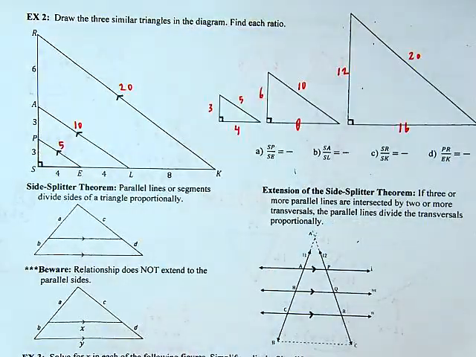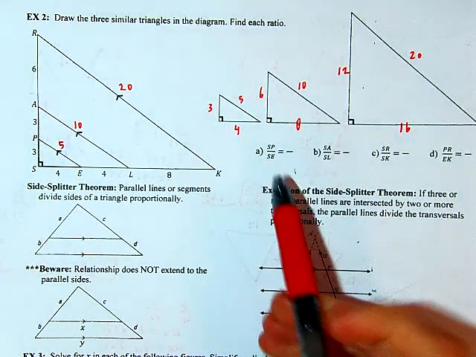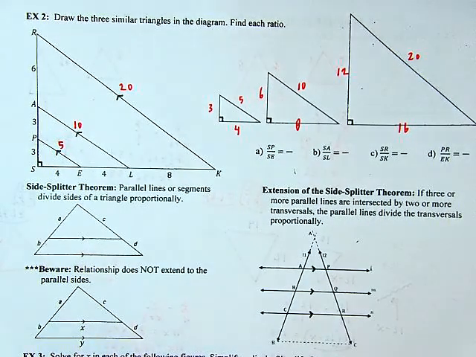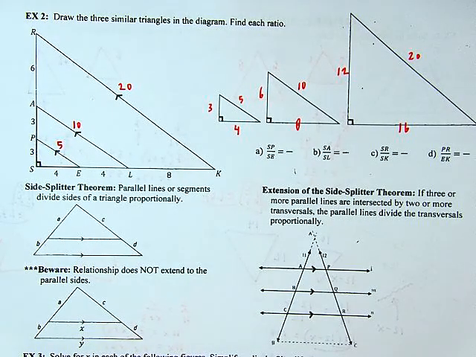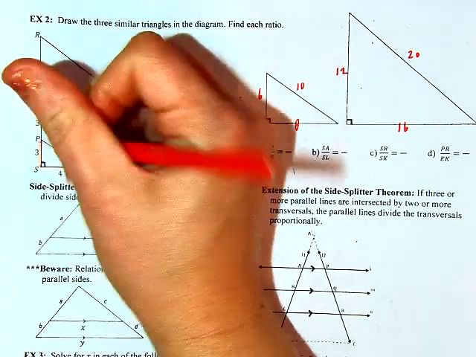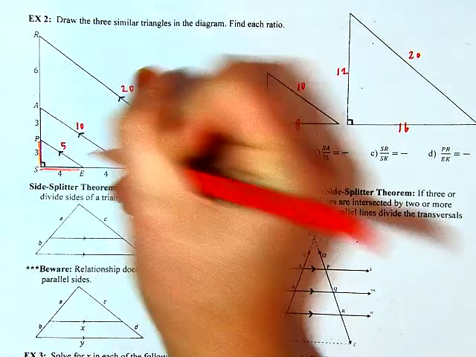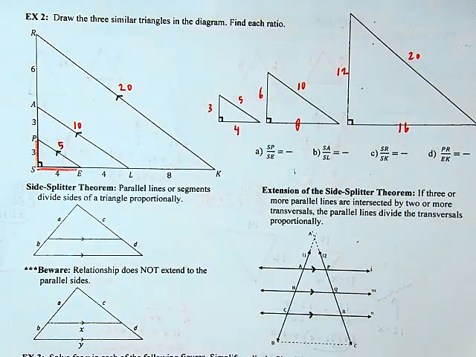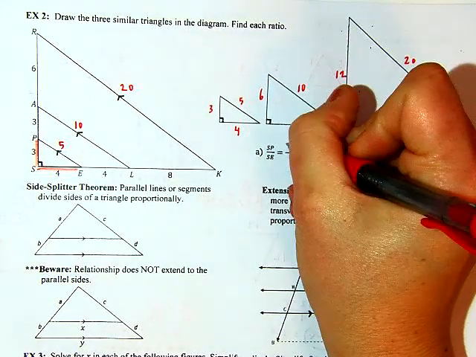Okay, but I want to know how these corresponding parts align. So I want to know, well, how does SP relate to SE? Well, where's SP? SP is to SE. Marking that in red. Well, that's a 3 to 4 ratio.